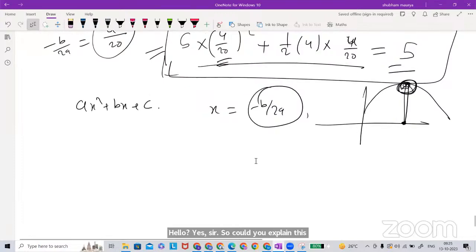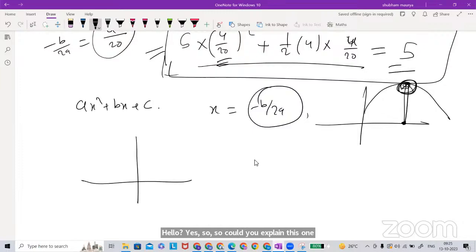The vertex is where the axis of symmetry meets the parabola. Oh, meets the parabola. So here is the axis.